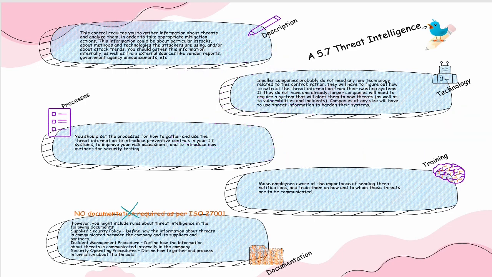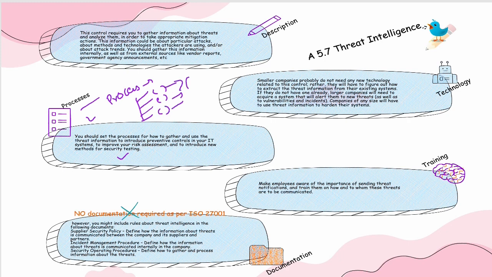Now at process level, as we already discussed, you should set processes for how to gather and use the threat information to introduce preventive controls in your IT system, to improve your risk assessment, and to introduce new methods for security testing. So a new person, as a layman, needs to know how to do it. You have to have some process in place where you jot down the steps, the threat sources, who will do what, whether it is manual or automated, and at what frequency you collect the data.